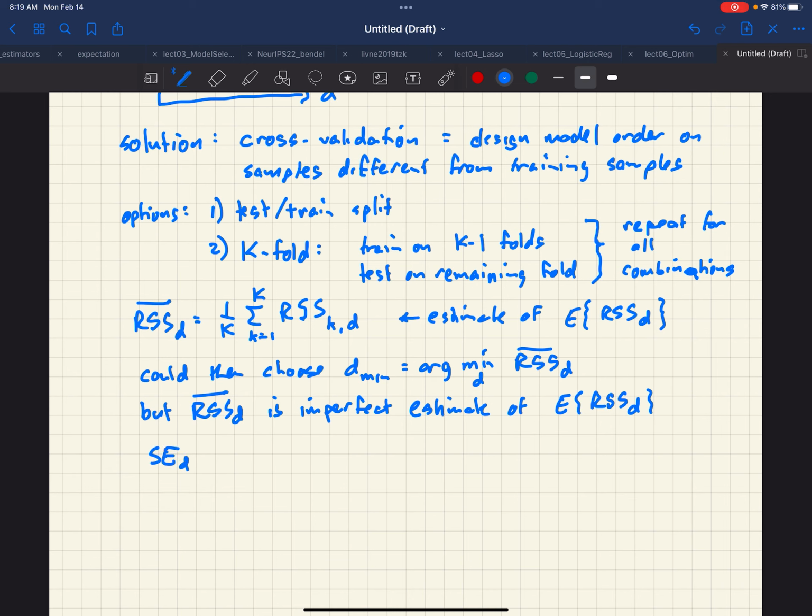This is the unbiased sample variance, and then we take the square root to get that sigma hat, which we use in the standard error estimate.